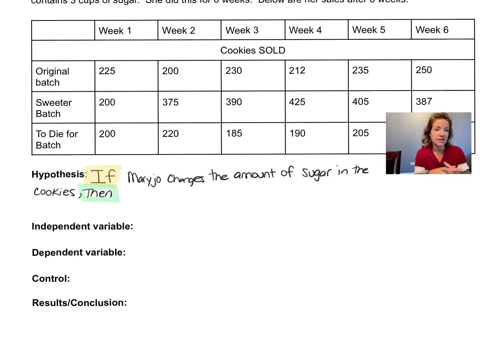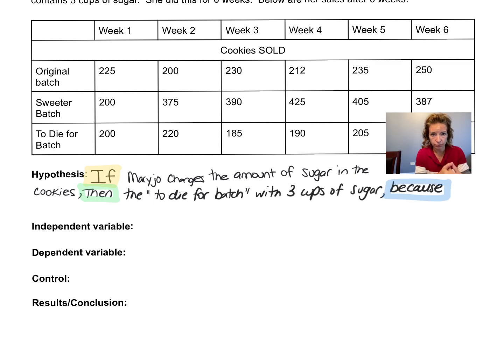So I'm going to look at the things she changed, and I see she's got 2 cups of sugar, 2.5 cups of sugar, and 3 cups of sugar. So since Mary Jo thinks that they want very sweet cookies, I'm going to predict that the to die for batch, the batch with 3 cups of sugar, is going to sell the greatest. And why do I think that? My because portion.